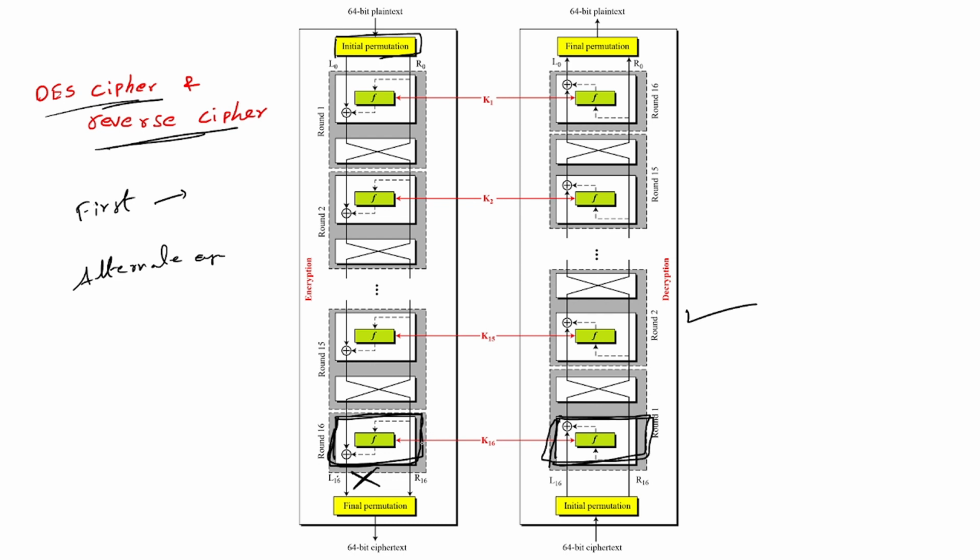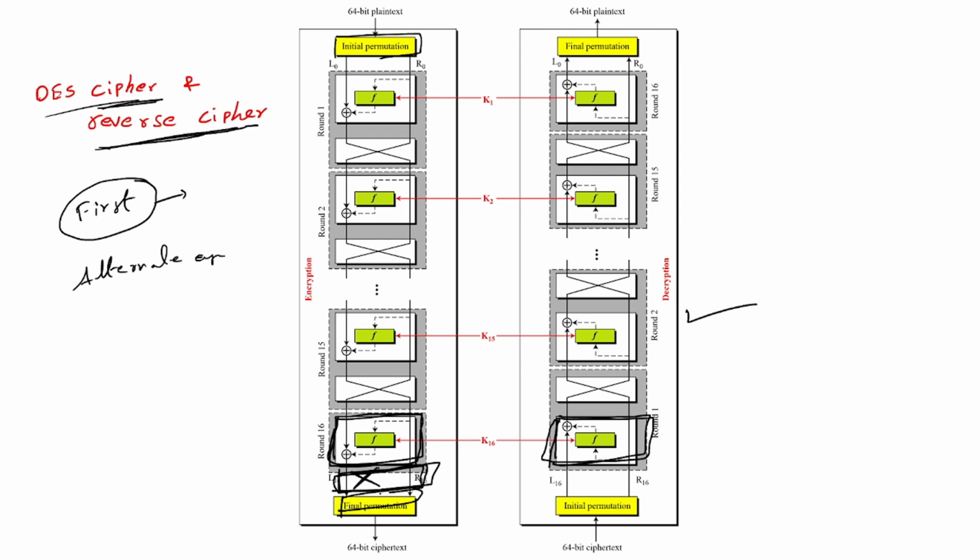To make the cipher and reverse cipher designs the same, the first approach was designed, and the alternative to this first approach is to make all the rounds the same. So we add two swappers in between round 16 and the final permutation.